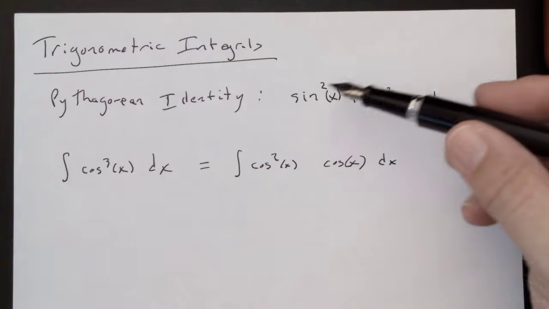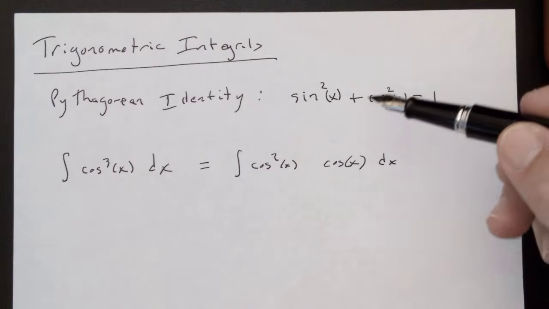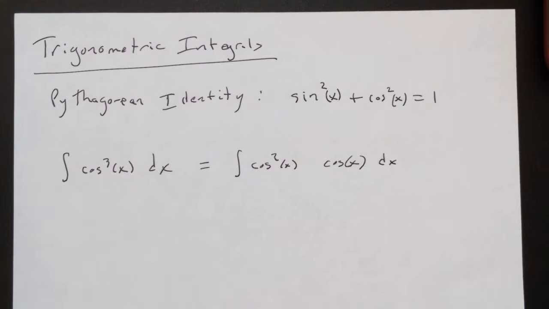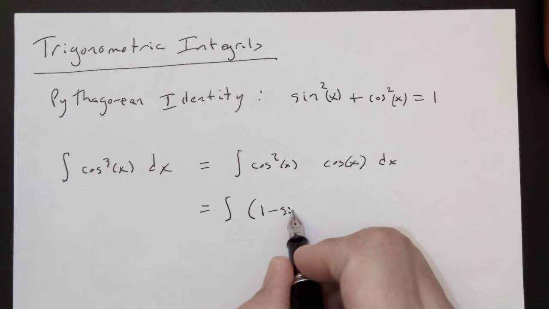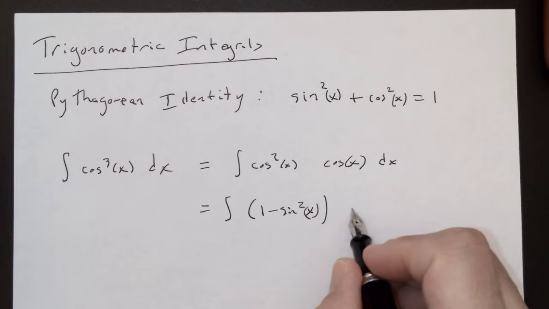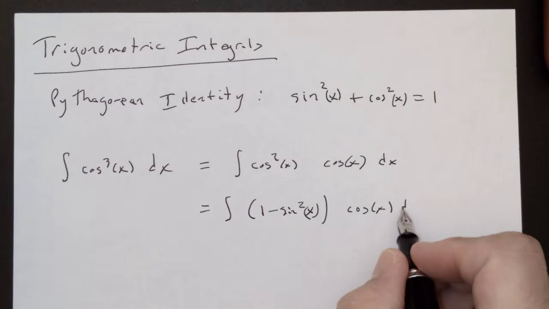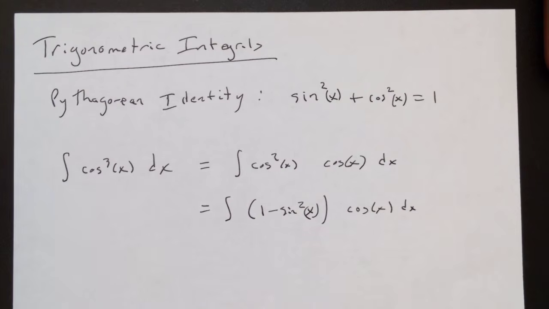If I rewrite this to get cosine squared all alone, I have cosine squared is equal to 1 minus sine squared, and all of a sudden I feel myself relax. I can breathe a sigh of relief. Because now I do have sines and cosines together.